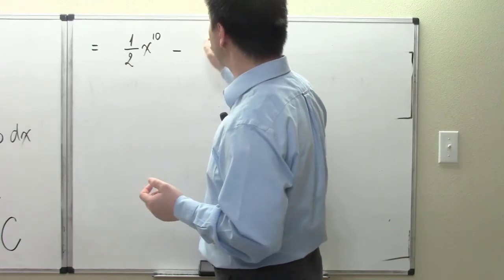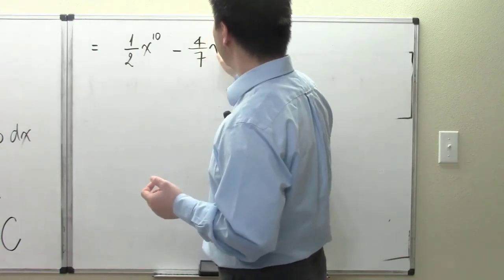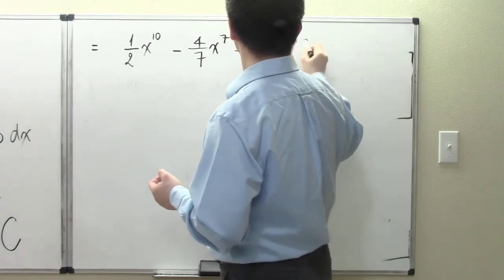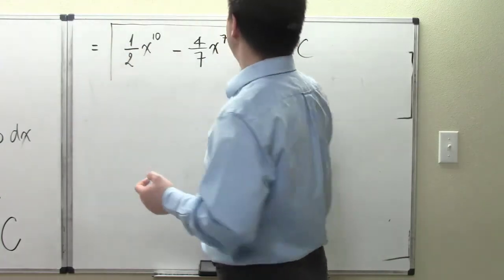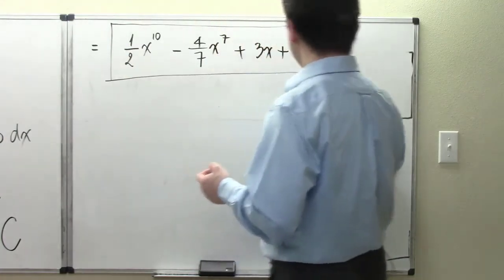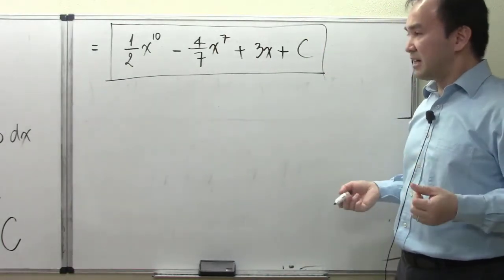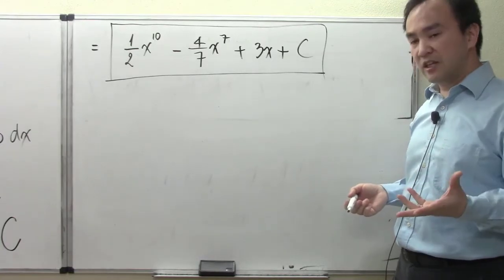So minus 4/7 x to the 7th, and then plus 3x plus c. And that's how we're advancing to our last one. Like that.